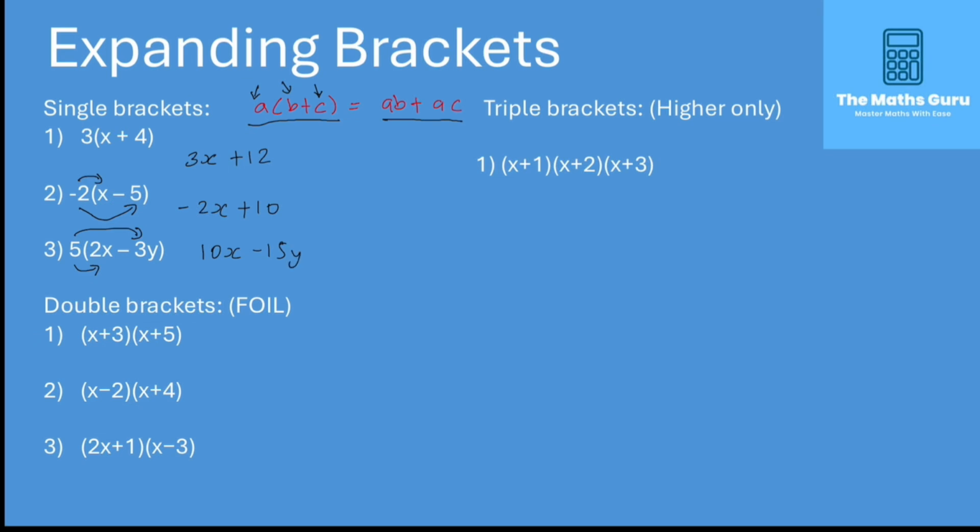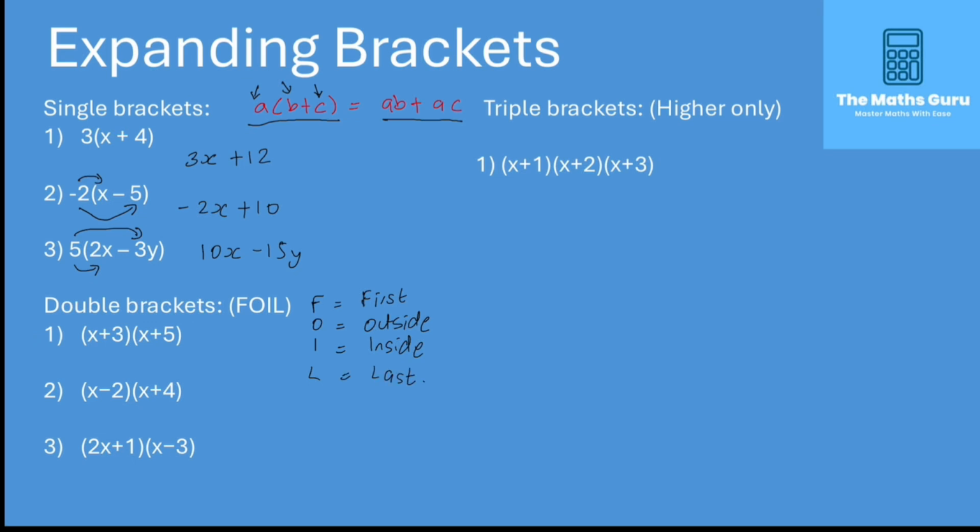Okay, moving on to the next stage in the process, double brackets. Double brackets is another key foundational skill you're going to need to know before doing your GCSE exam, so let's pay attention here. I like to do this by a method called the FOIL method. The FOIL method stands for first, outside, inside, and last.